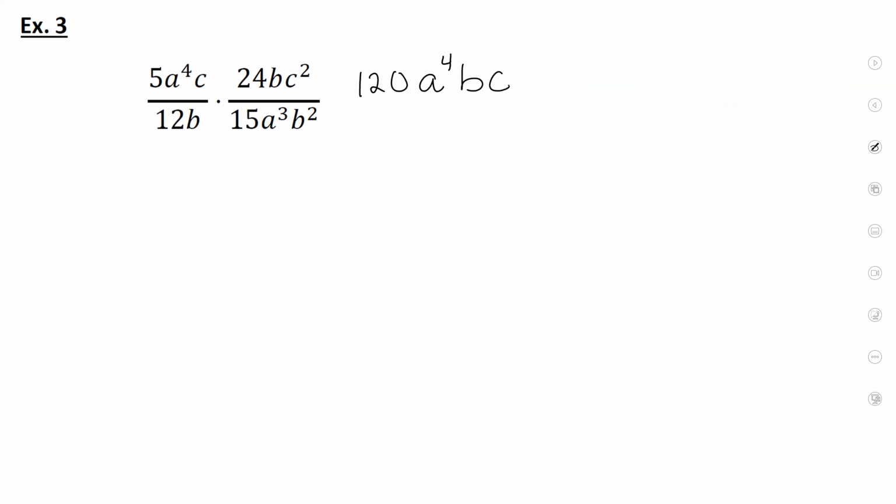C's, how many? 3, because I have 1 right here and 2 right here, so that's 3. Multiplying across, 12 times 15. 180. Thank you. I have A cubed and B cubed, because I have 1 B here and 2 B's there. That's 3 total. All right, let's simplify.